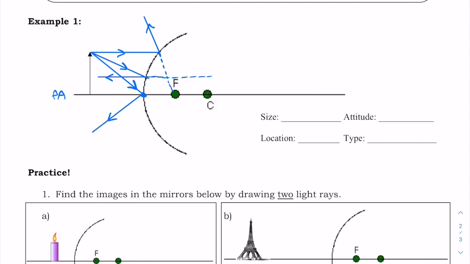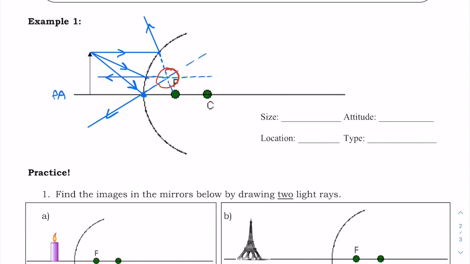And remember, we extend the dotted line behind the mirror. And there we go. So the image will be at the location where they all cross. It appears to be right over here.